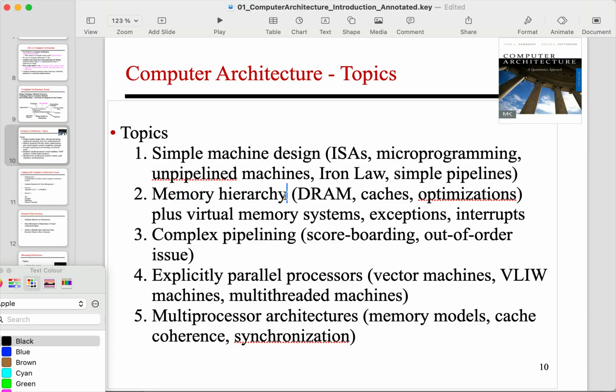Memory hierarchy, types of memories that exist, random access memories, caches, and optimizations for those memories, virtual memory systems, as well as the rest of the memory that is not a part of the main memory but is in hard drives, external memories, as well as exceptions and interrupts in terms of running our instructions.